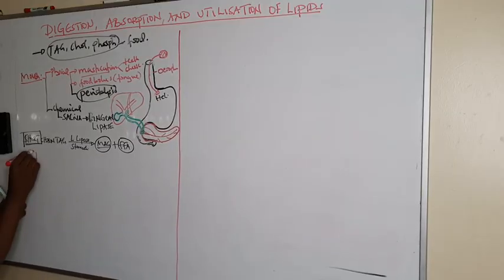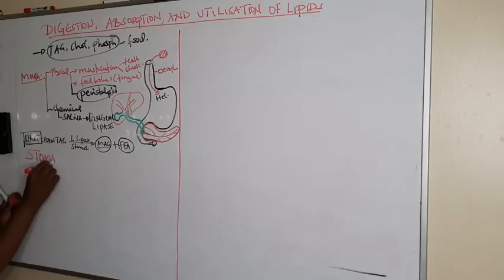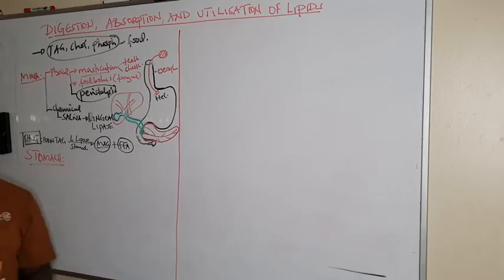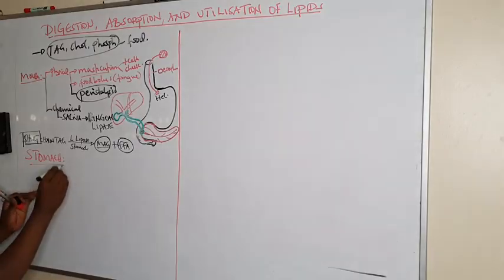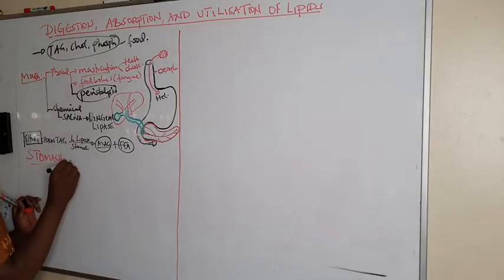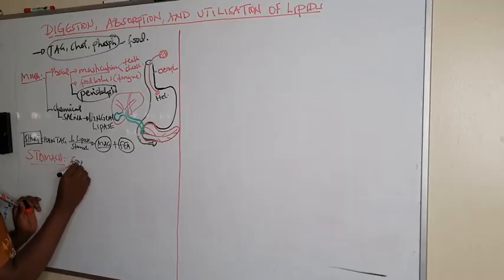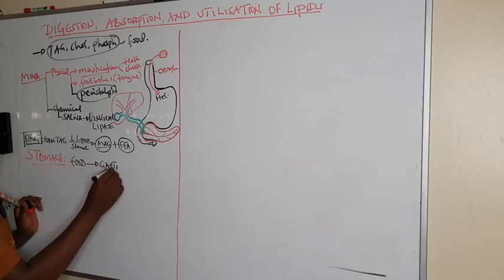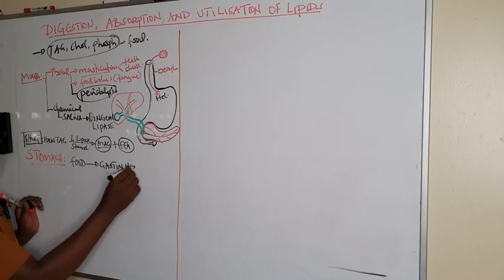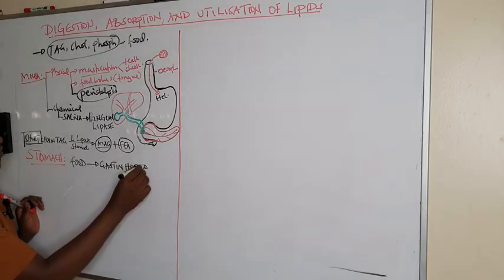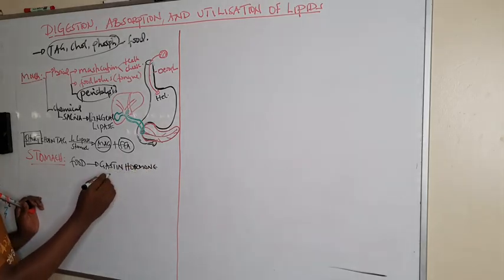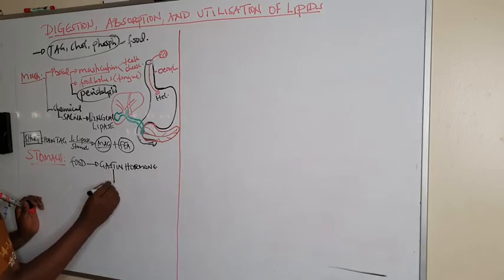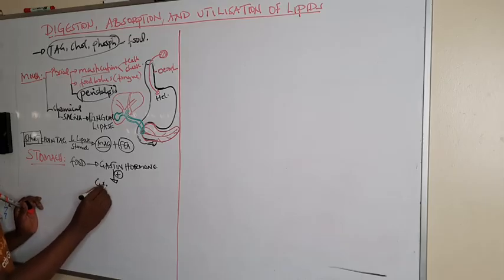When the food reaches the stomach, it triggers the production of gastrin hormone, which triggers production of gastric juice.